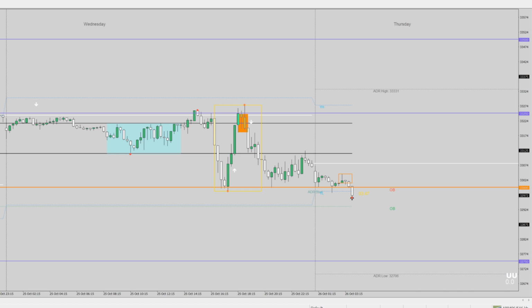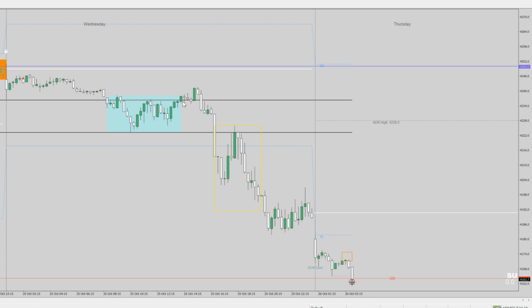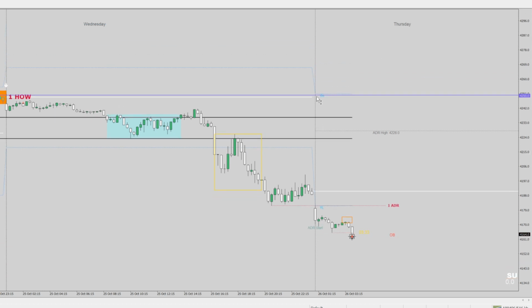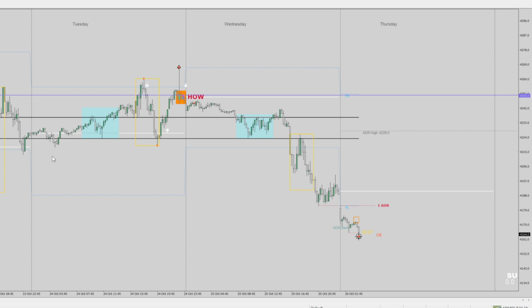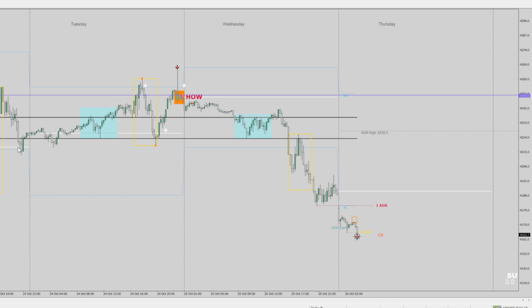So what we're gonna do, I'm gonna hop on over to, let's see, one of these trades here. Which one is this? Okay, cool. So this is S&P. Now this trade today, guys, I wasn't really paying attention to S&P. I didn't show it, but if you go back to the video, I was looking at today.